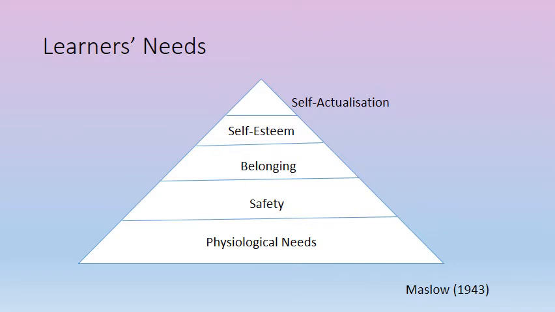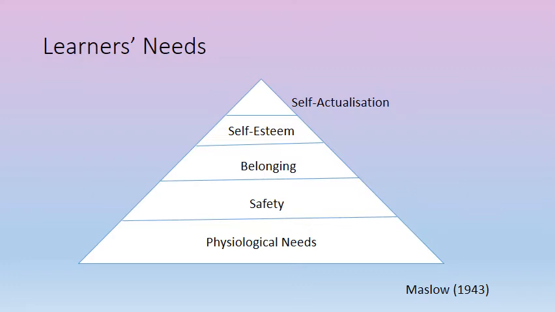So, looking first at learners' needs, Maslow made another pyramid which shows that physiological needs are really the bedrock of the learner's needs, and in order to get to the apex of the triangle, you need to attend to these.